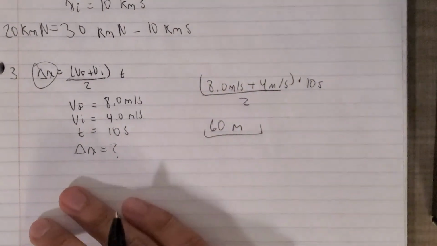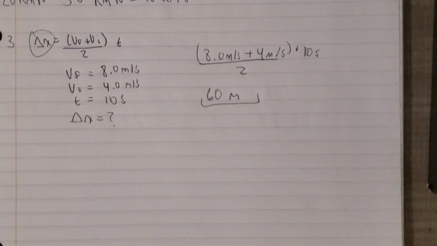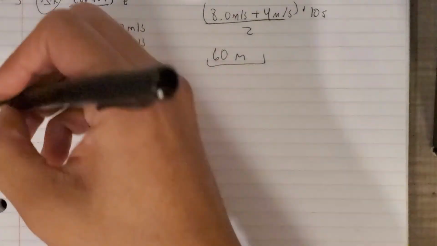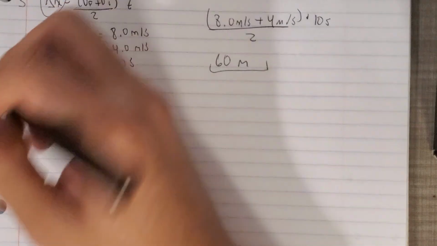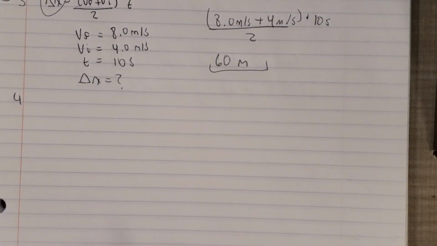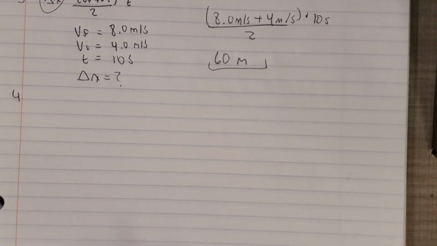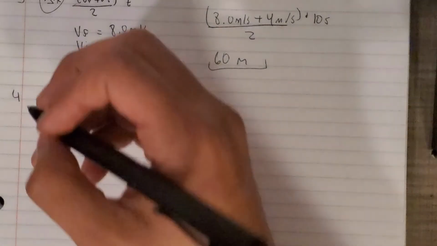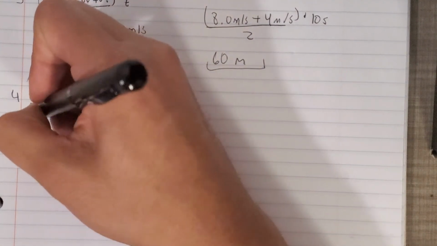Now we go to question number 4. A ball at rest falls from a platform above the ground. The ball falls freely and hits the ground 1.1 seconds later. What is the height of the platform? So there we are given the formula.